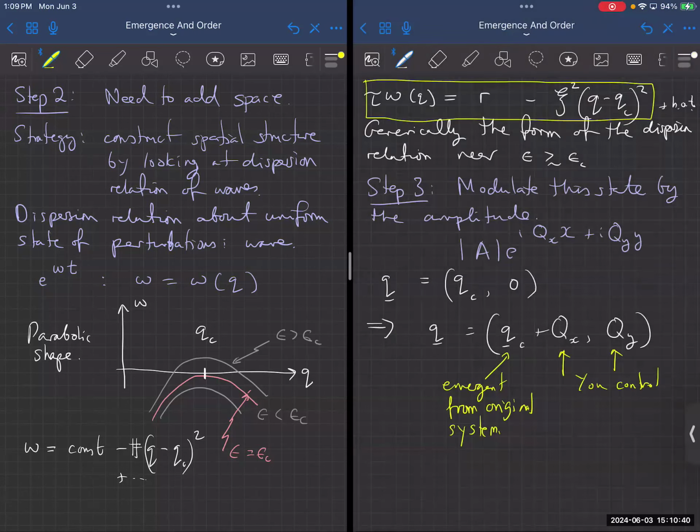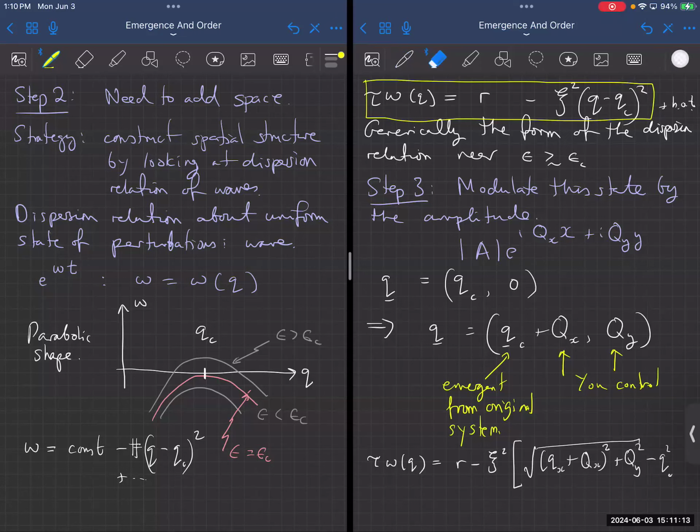Then what I'm going to get is that tau omega of Q is equal to R minus psi squared times the square root of (qc plus qx) squared plus qy squared, minus qc, all squared.